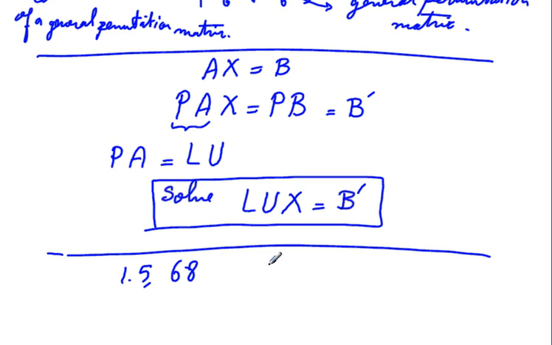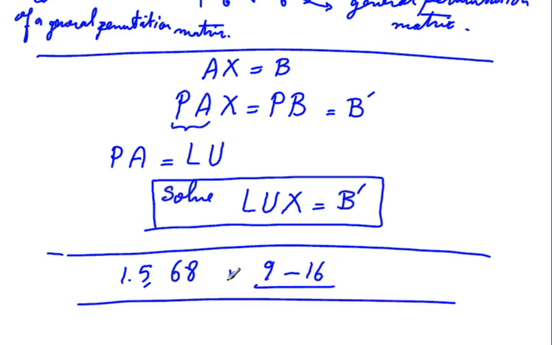Do as many as it takes from these problems. Choose a sub-selection of 9 through 16 at the minimum, whatever is on your assignment list, you do those. If you have problems, you do extra, and then I will explain on Wednesday what to do with the other problems.